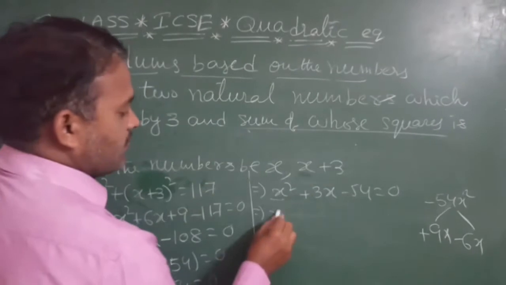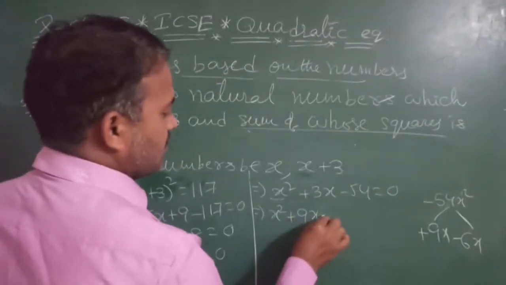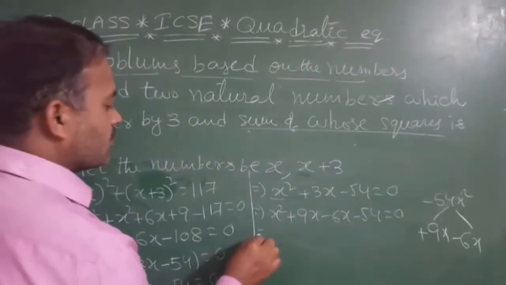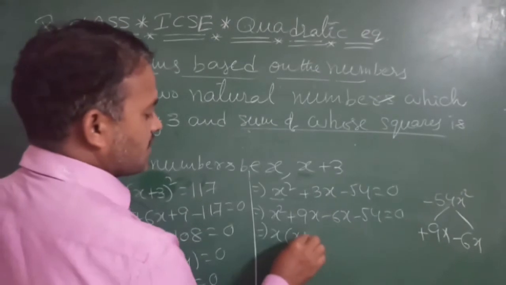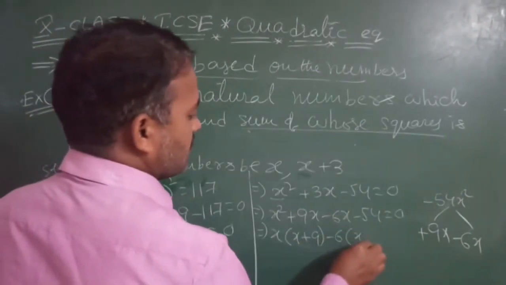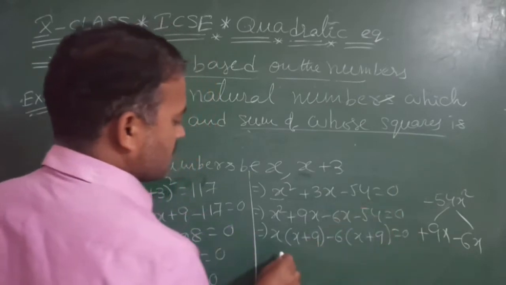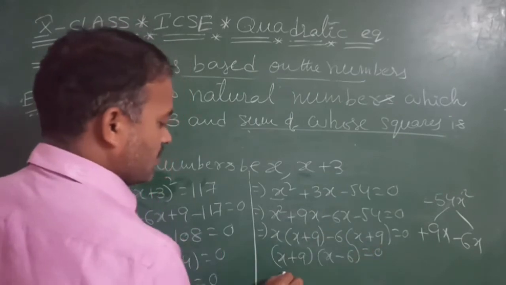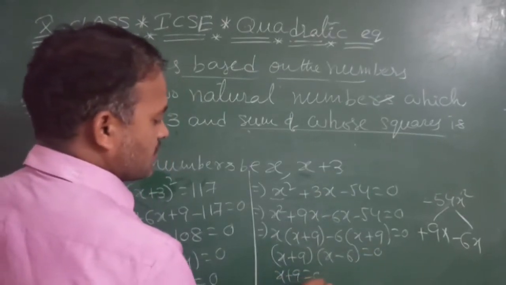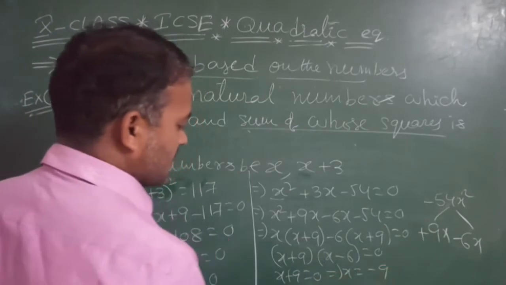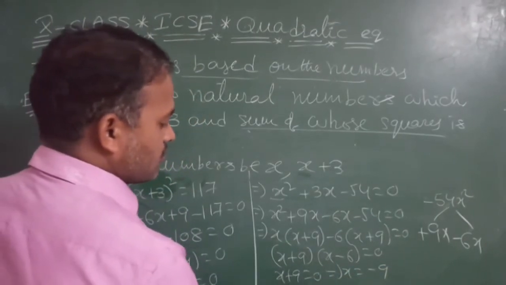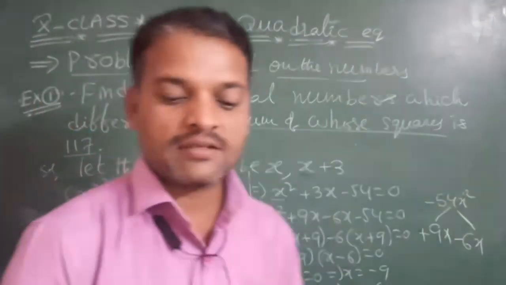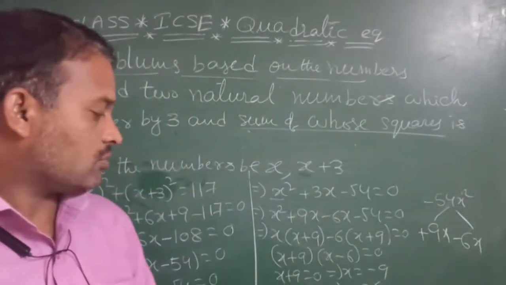So x square plus 9x minus 6x minus 54 equals 0. Taking x common, x into (x plus 9) minus 6 into (x plus 9) equals 0. So (x plus 9)(x minus 6) equals 0. x plus 9 equals 0 gives x equals minus 9, and x minus 6 equals 0 gives x equals 6.